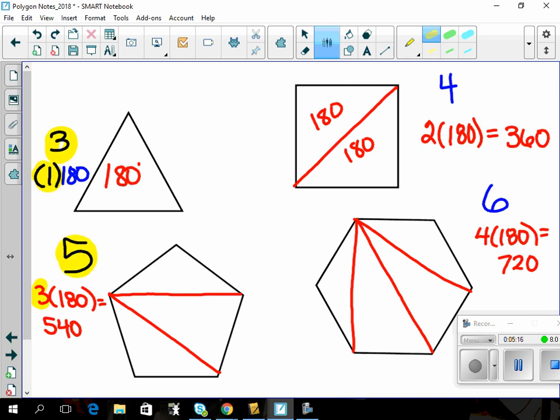Number of sides, number of triangles. What do you notice? It's 2 less every time, right? Every time. So if I told you in a 24gon, how many triangles could I divide it up into? 22. Could you tell me how many the angles all added up to be?